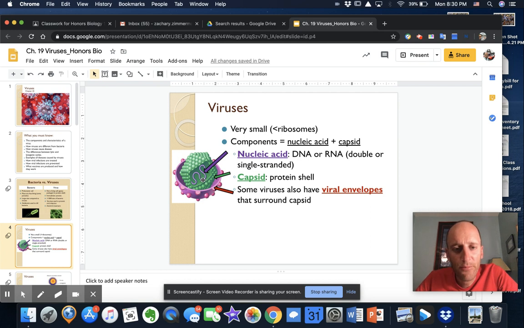The capsid in green is a protein coat or a shell that encases that nucleic acid. And then many viruses, especially the ones that cause disease in animals, have a viral envelope, which basically consists of the phospholipids that originated from the host cell. And then, along with those phospholipids, you have proteins on the surface. And those are really important for helping the virus gain entry into the host.